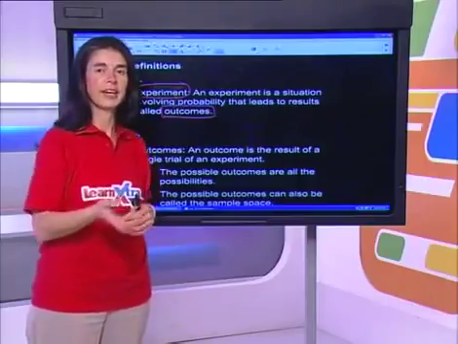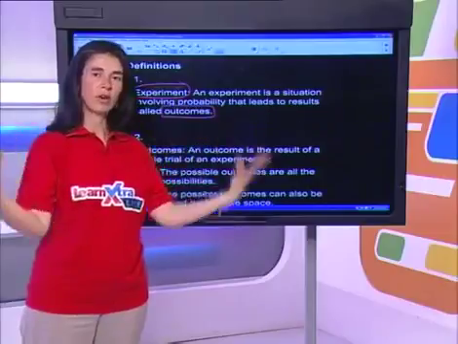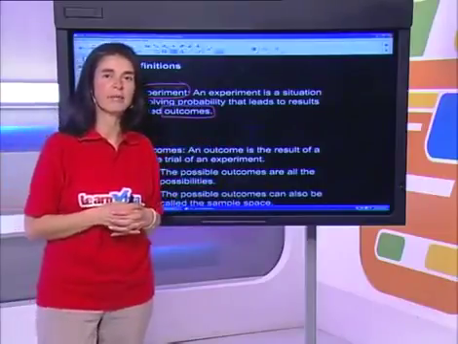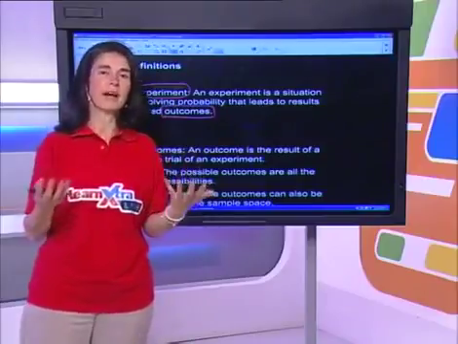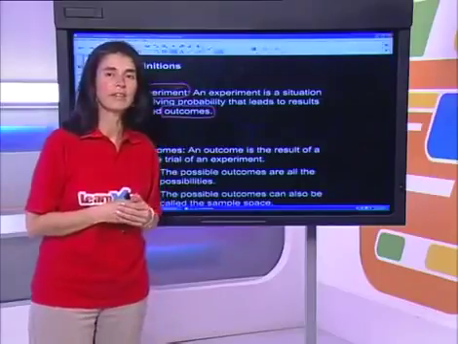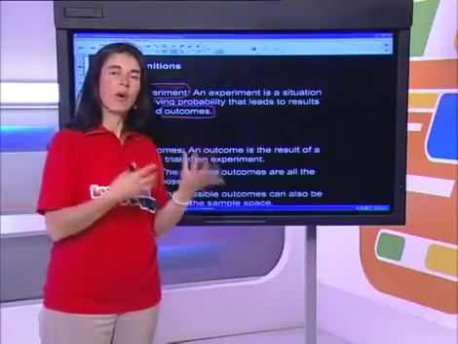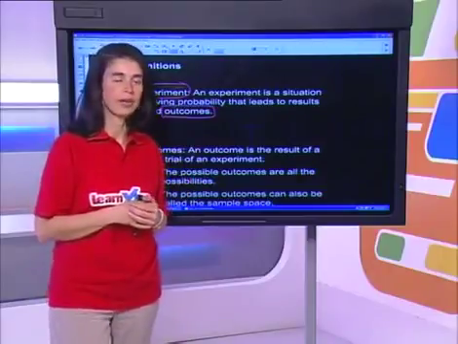If you throw the coin again and you get another head, that would be another outcome. So the total amount of outcomes would give you what an event would comprise. So your event might be, let's toss a coin 3 times. That would be the event. The outcomes would be, what options do you have available to you when throwing that coin?